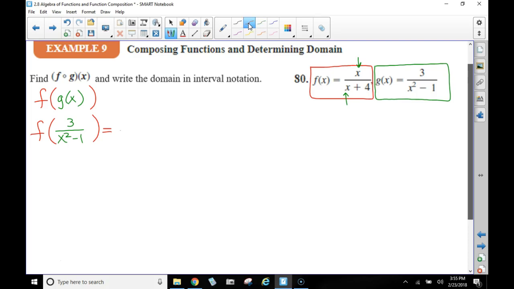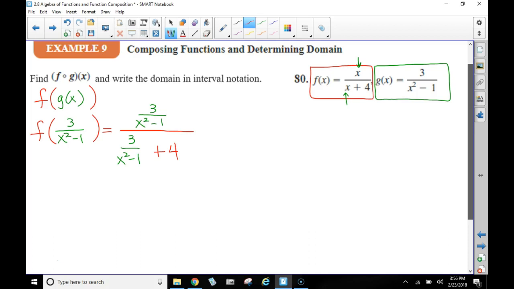So for our f function, we have the x, which we're replacing with 3 over x squared minus 1, all divided by the 3 over x squared minus 1, and then our f function says plus 4. Okay? So yeah, we kind of got a mess up here, and it is a mess that includes a complex fraction.